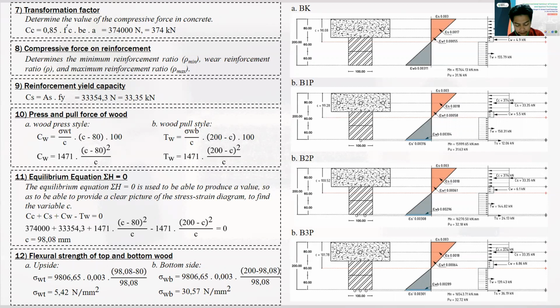And the last is with three reinforcements, which has a moment capacity of 16,543.71 kilonewton millimeter, and axial capacity is 32.72 kilonewton.